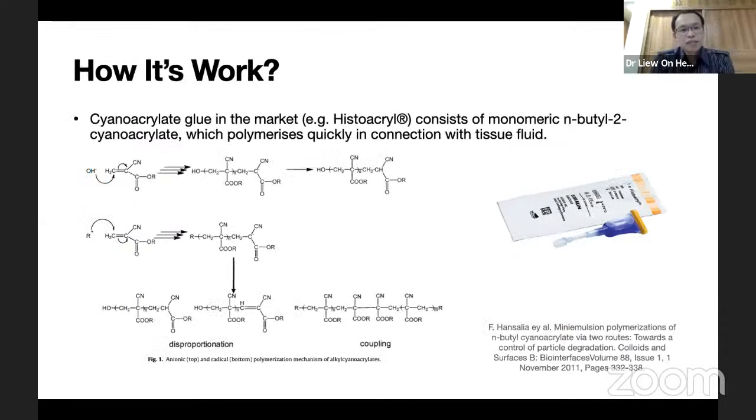So how does it work? Cyanoacrylate glue is actually a monomer of n-butyl cyanoacrylate. This monomer is in liquid form. When in contact with water, it polymerizes immediately into a solid layer of glue.